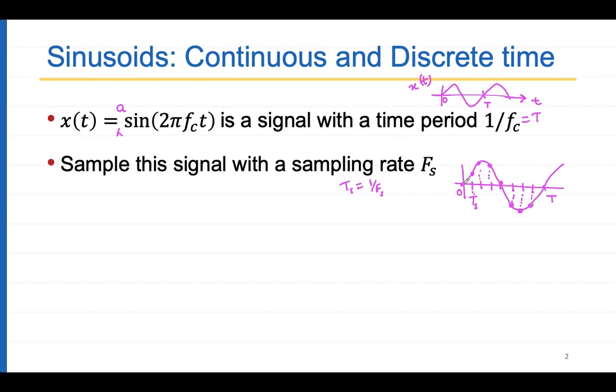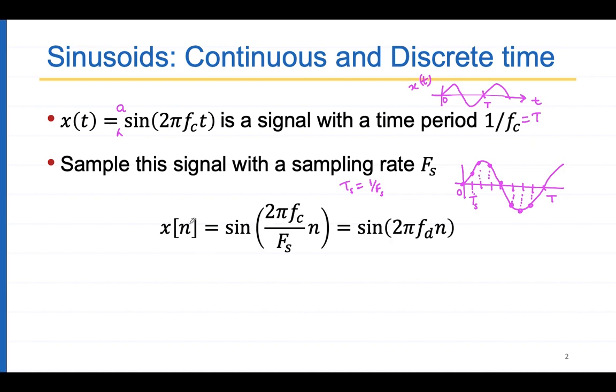So now how do I write it analytically? I know x[n] is simply sine 2 pi fc, where I replace t with n times Ts, right? Basically, n can take discrete values.